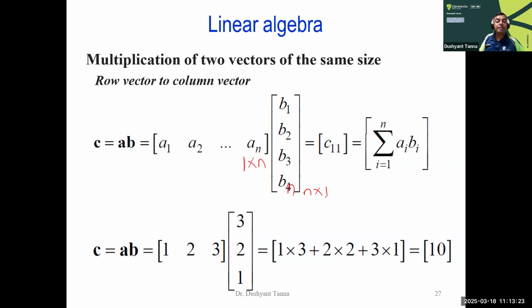What you will obtain is a 1 by 1 matrix, just one element, right? First with first, second with second, third with third, and nth with the nth element. So if you got 1 cross 3 and 3 cross 1 here, the outcome is a 1 cross 1 matrix: 1 with 3, 2 with 2, and 3 with 1. Simplify that, you'll obtain 10, which is a 1 cross 1 matrix.